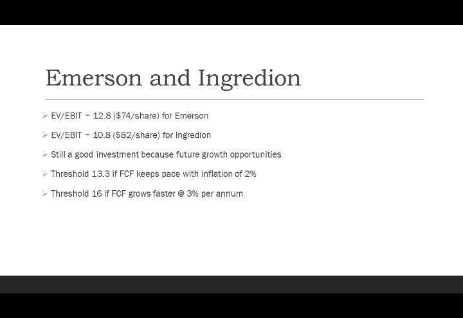And Ingredion is a play on the future growth of healthier eating from plant-based ingredients. So that's why the valuation threshold can be 13.3 if free cash flow simply keeps pace with inflation of 2%. And the threshold increases to 16 if free cash flow can grow faster at 3% per year. And that's quite doable for the steady growth opportunities I mentioned earlier.